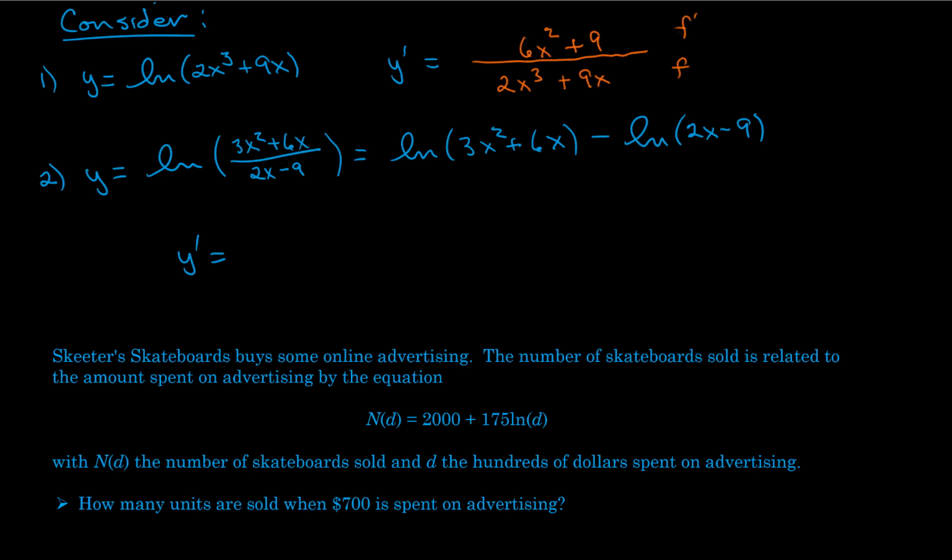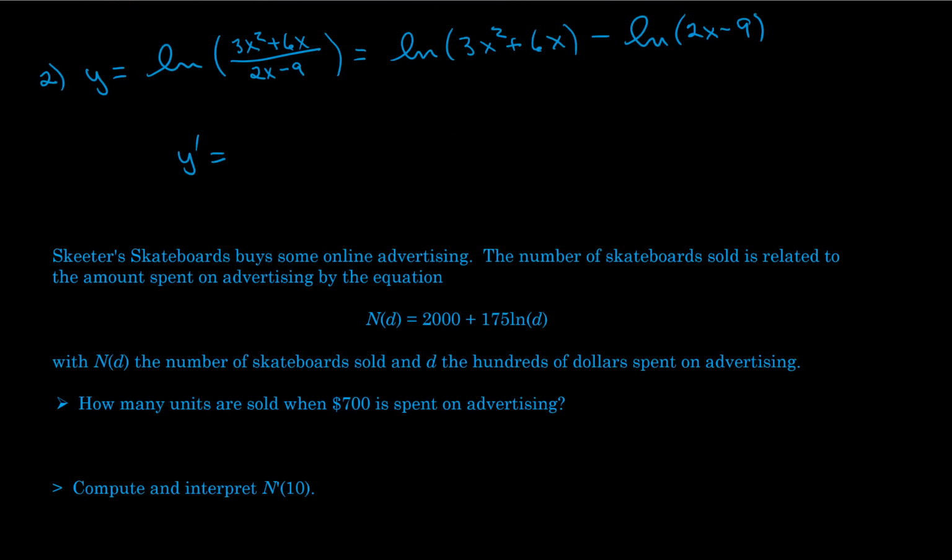In the second example here, we're going to practice this again. We get to do it twice. But the one thing you need to first remember, going back to your properties of natural logs, is the natural log of m divided by n. If you have a quotient, it is the natural log of whatever's in the numerator minus the natural log of whatever's in the denominator.